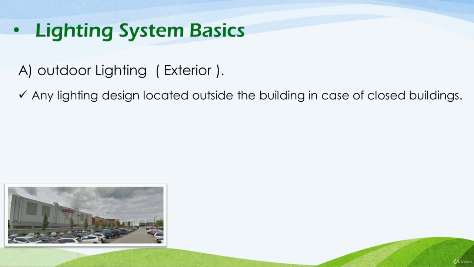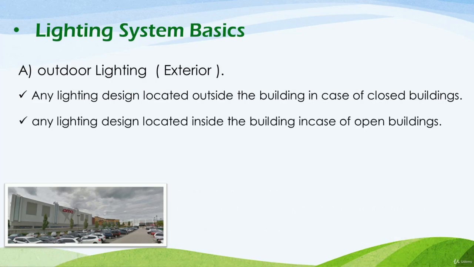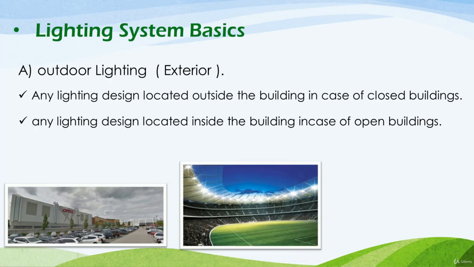But we have another definition for the exterior lighting design, which is any lighting design that is located inside the building in case of open buildings. So for the open buildings, any lighting design inside it will be an exterior design. For example, the lighting design for the football stadium is an exterior design. This is because it's an open building, although the design is inside it.